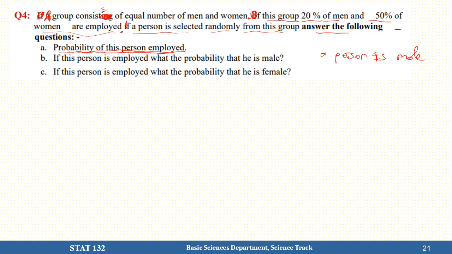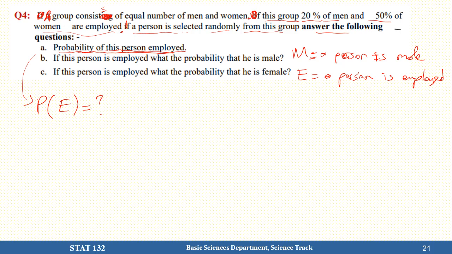So this is male, M, and employed, a person is employed. Now the first question is saying, what is the probability that the person is employed?